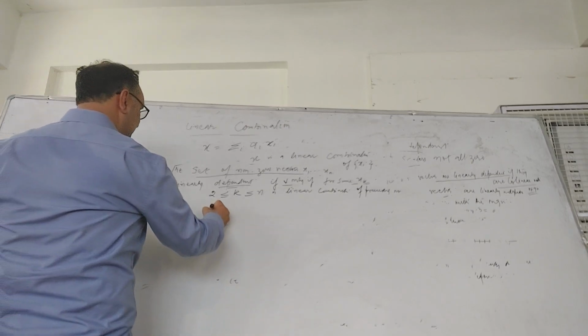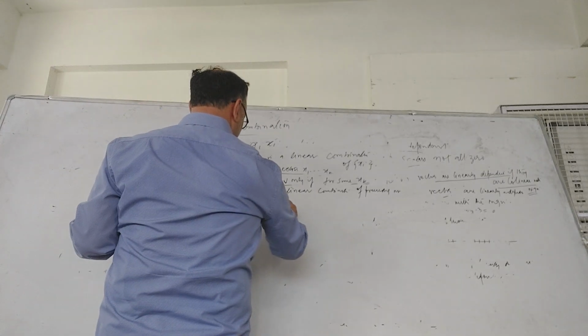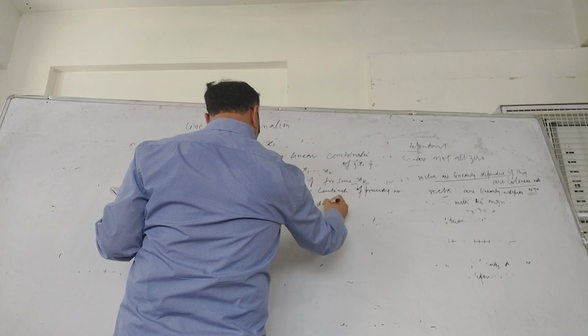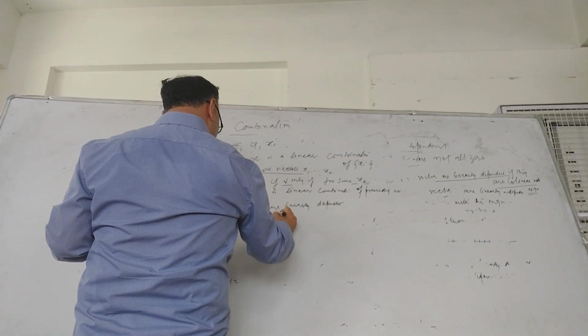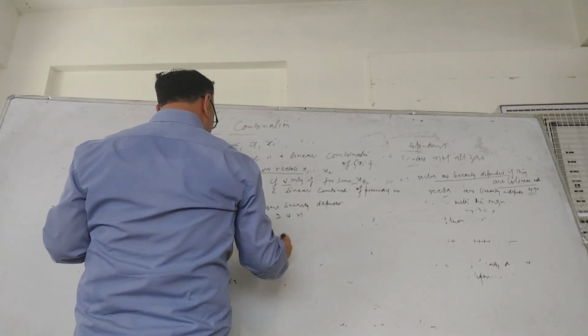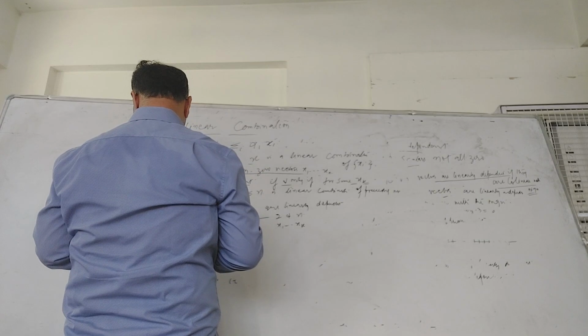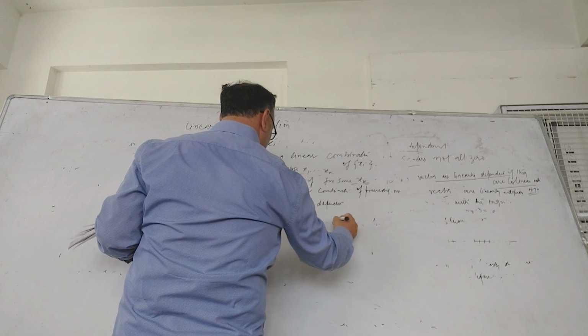So if x1, ..., xn are linearly dependent, and k is an integer between 2 and n, and x1, ..., xk are linearly dependent.